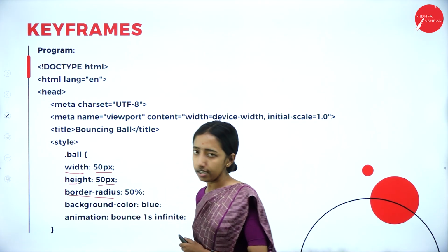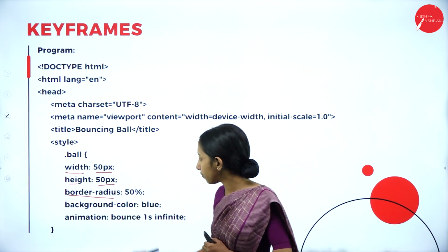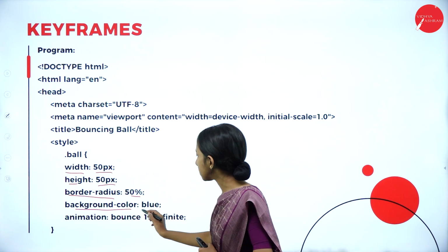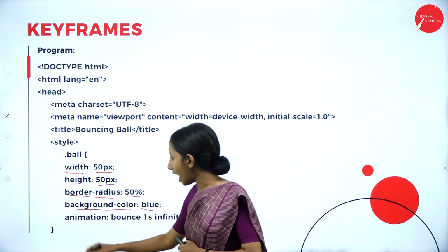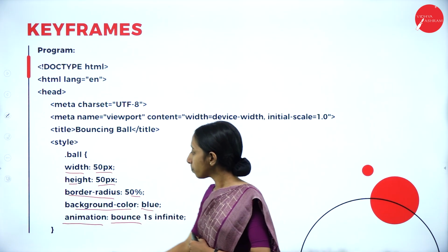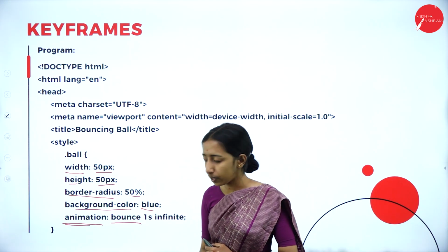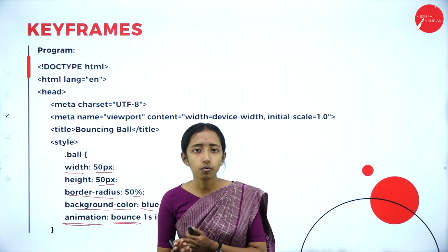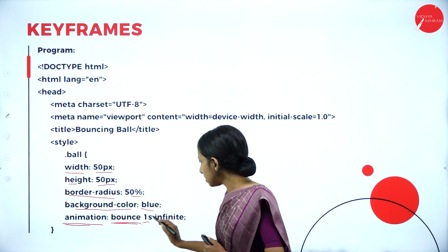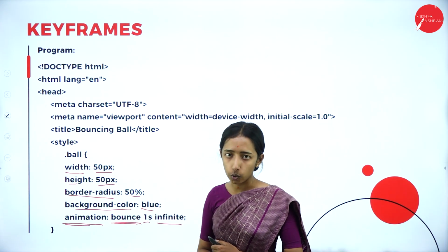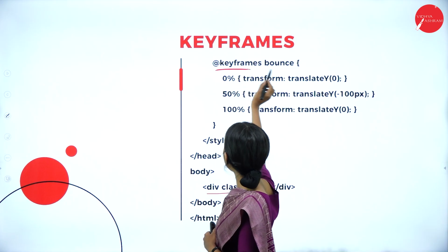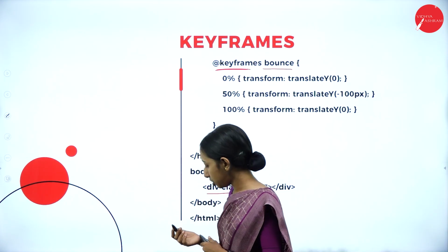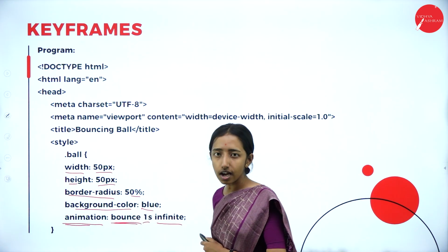And border radius, I am giving a border radius of 50%, and the background color of the ball is blue. And now I have applied the animation. I have taken the animation property, bounce is the animation name we have given, 1 second and infinite loop. So the keyframe animation name is bounce.